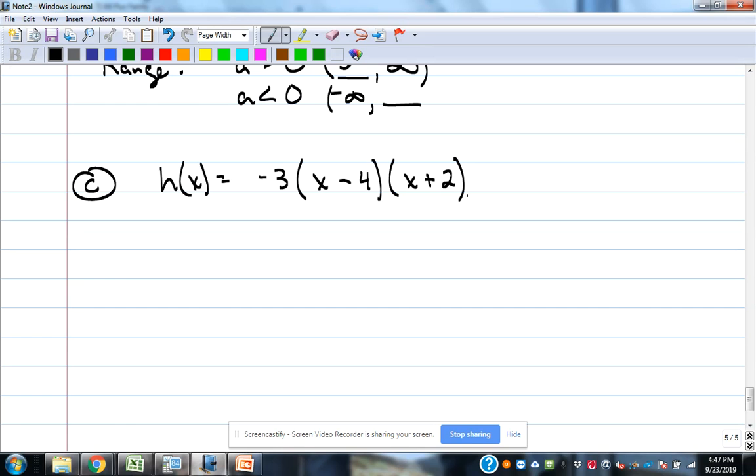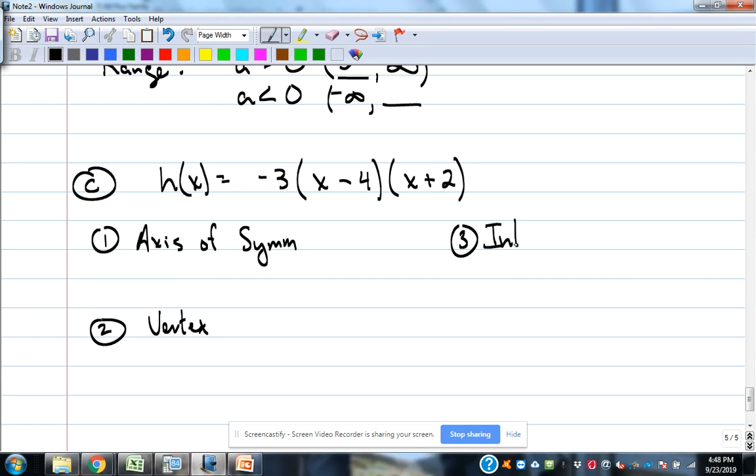Not too big of numbers at all. I know I'm going to get the axis of symmetry, the vertex, and the intercepts. Because it's in intercept form, I'm going to start with intercepts and do that part first.